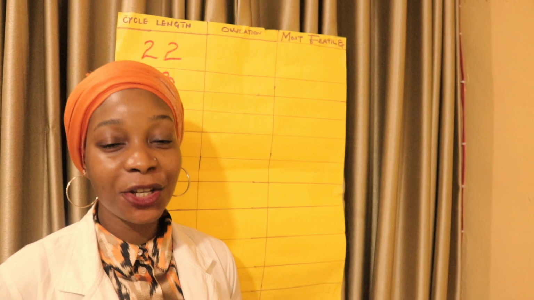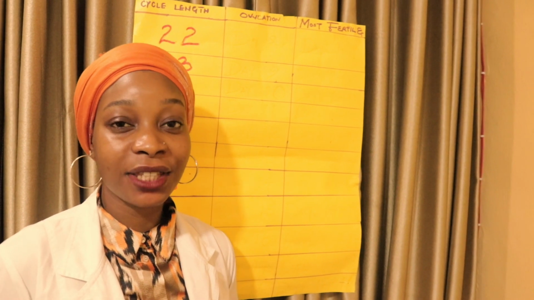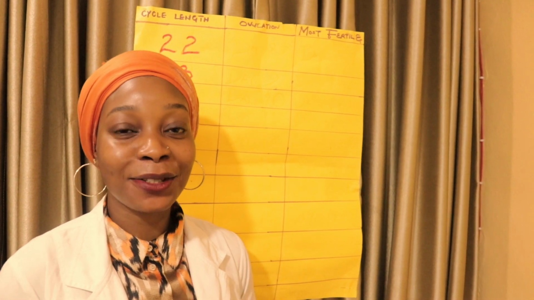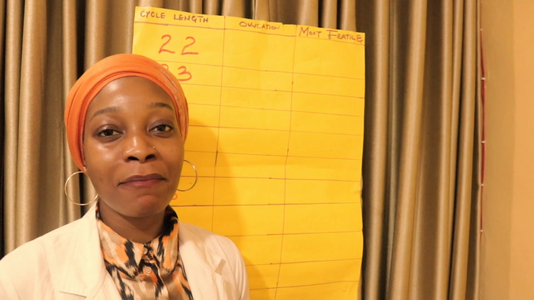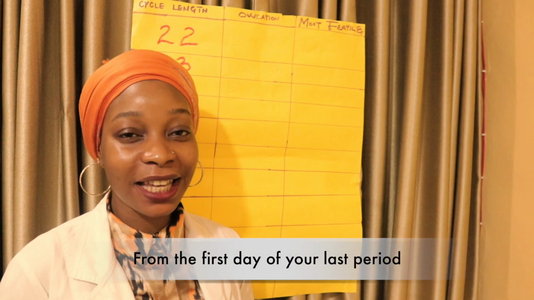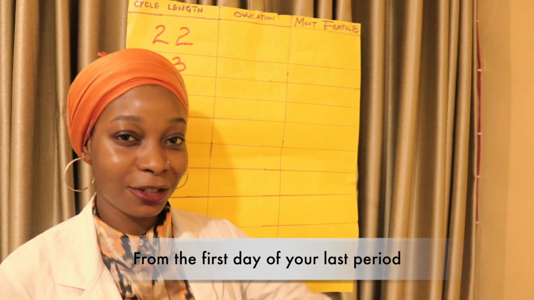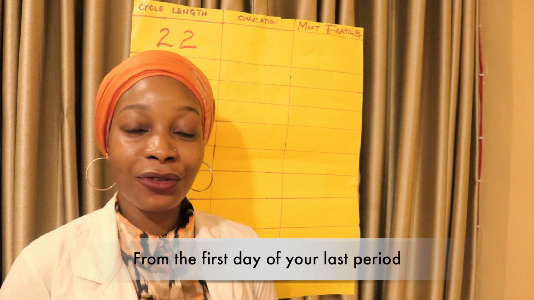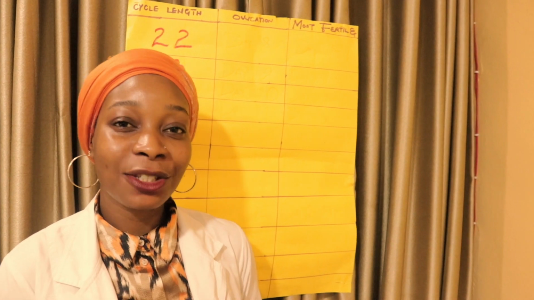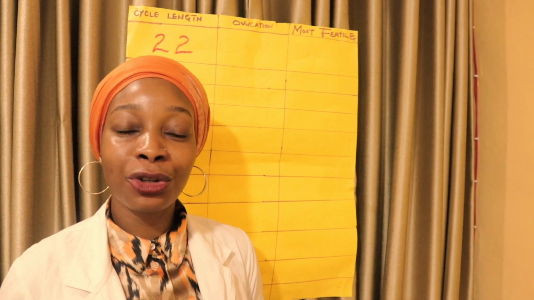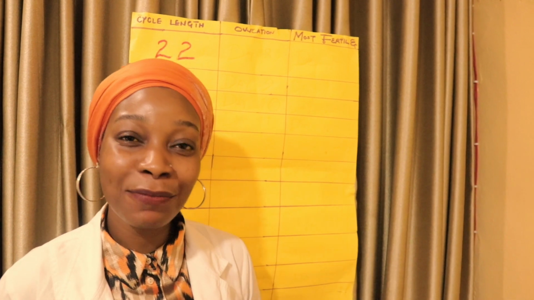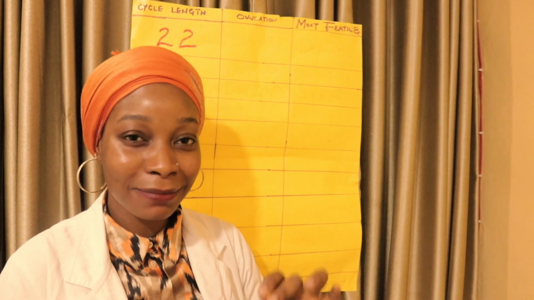I believe now you know how to calculate your menstrual cycle, and if you're yet to know how, let me break it down for you. Menstrual cycle is calculated from the first day of your menstrual cycle to the first day of the next one. For instance, if your last menstruation was on the 26th of last month and today is the 9th, you calculate from that first day of your menstruation till the time you see your menstruation this month.